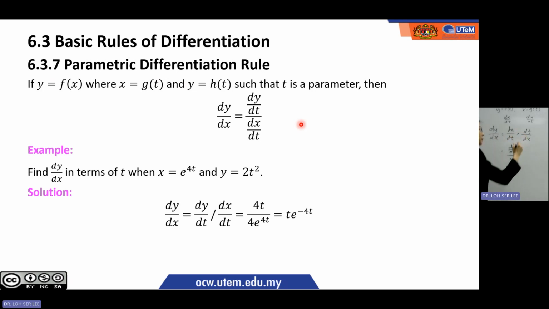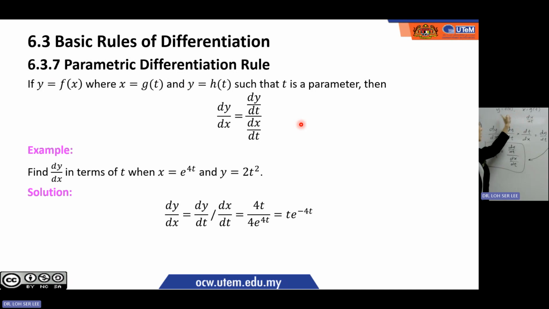This is multiplication, it means dy/dt divided by dx/dt, right? When you change this into this, you have to turn it upside down here. So this equals this, and this means dy/dt divided by dx/dt. That's why we have this formula, dy/dx equals this.